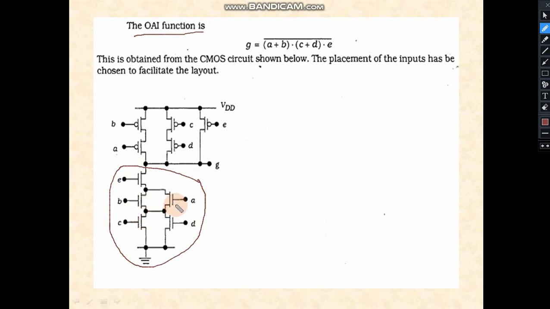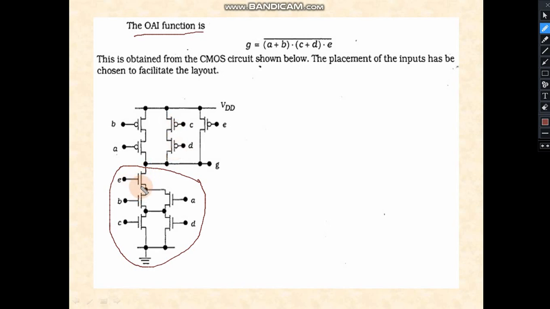If A and B are in parallel in NMOS, they must be in series in PMOS. If C and D are in parallel, then they must be in series in PMOS.